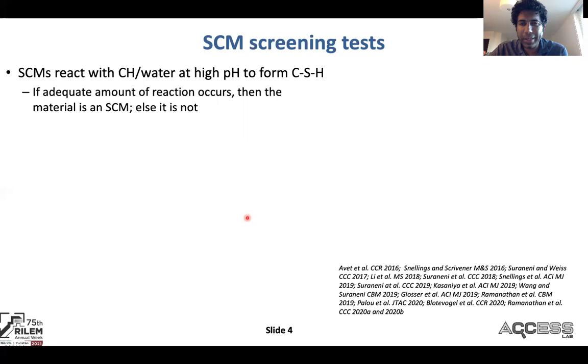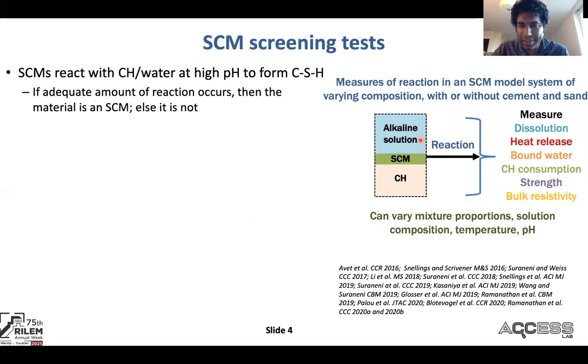Now, in general, if we think about an SCM screening test, ultimately, we are looking at the reaction of the SCM with calcium hydroxide and/or water at high pH to form CSH. If an adequate, however we define adequate, amount of reaction occurs, the material is an SCM, otherwise it is not. These systems look something like this, where you have an alkaline solution, you have SCM, and you have calcium hydroxide.